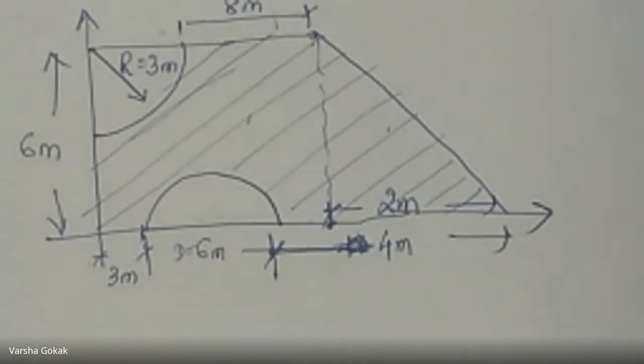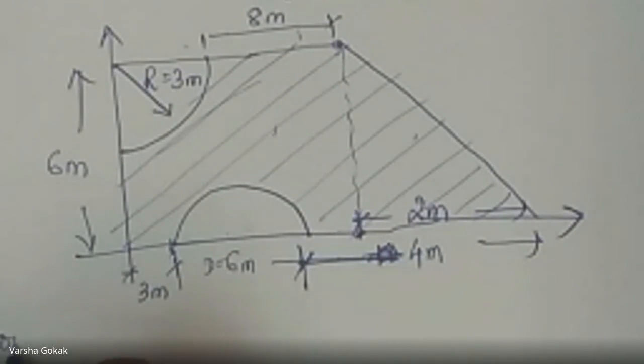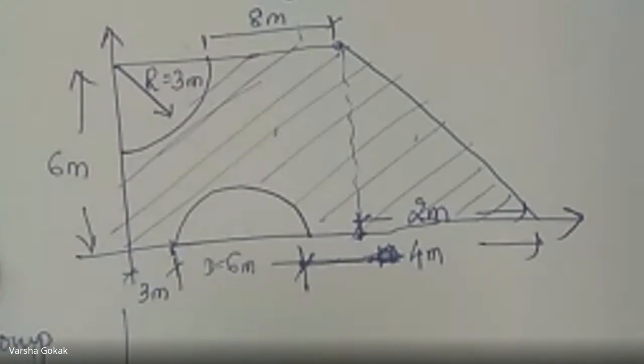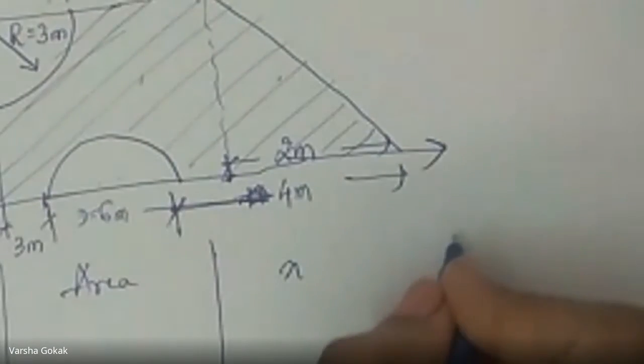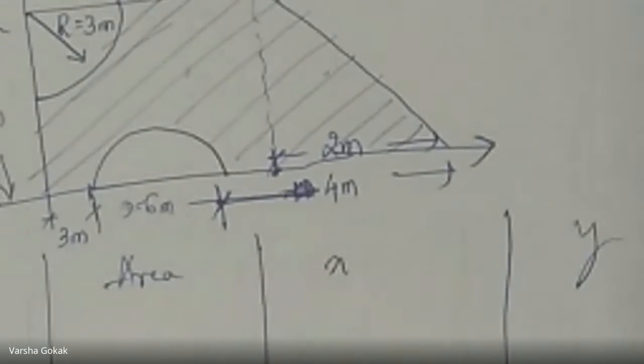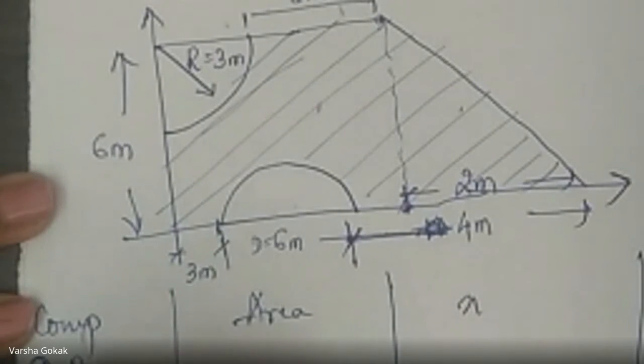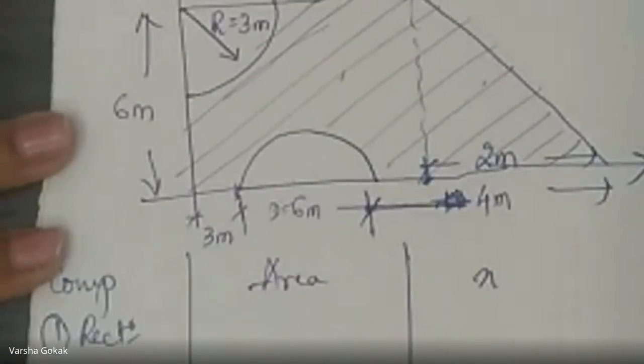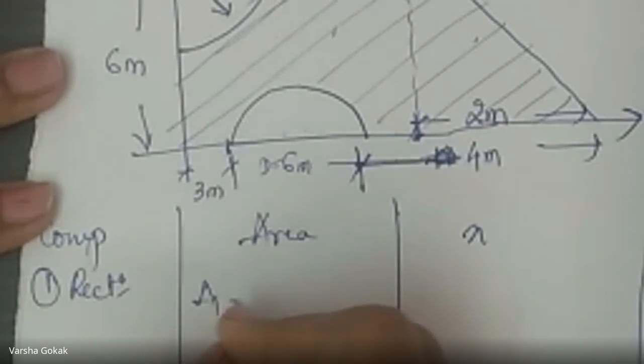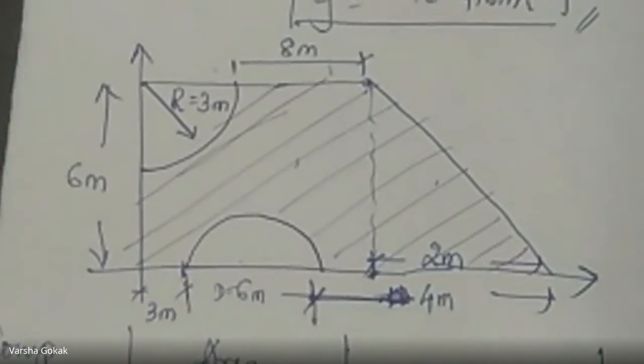So I'll start putting up the table, okay? So component, and I'll have the area, and x and y, right? So first component we will take is a rectangle. Look into the figure and tell me the area of the rectangle.